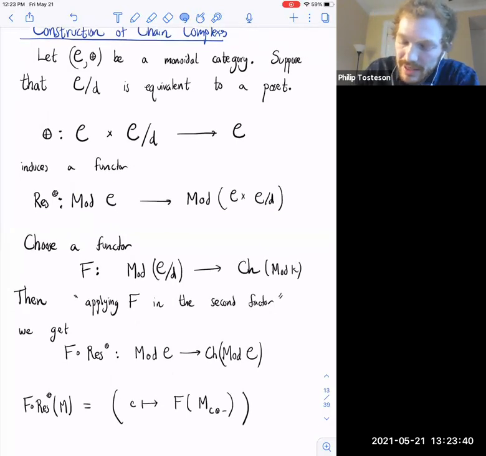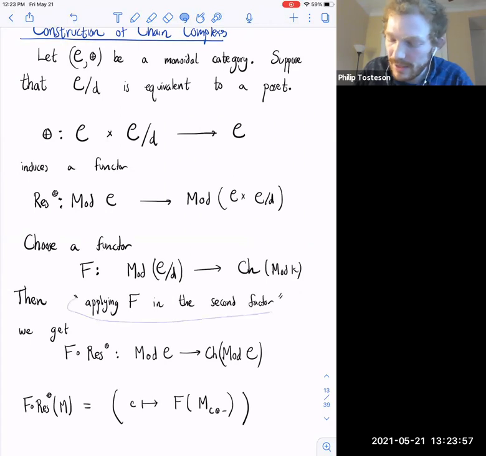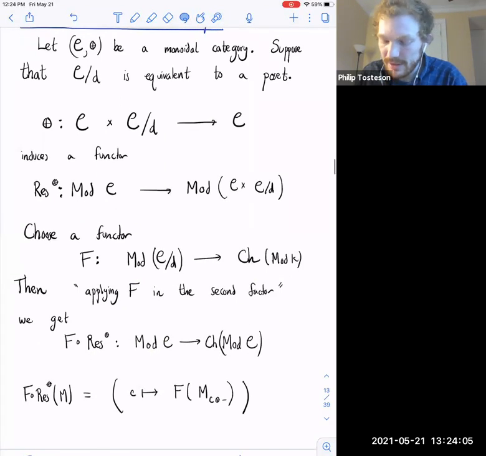So we have a functor from C modules to this category, and if we choose some functor f from mod C over D to chain complexes, then I can apply f in the second factor, and then compose with f to get a functor from mod C to chain complexes in C modules.